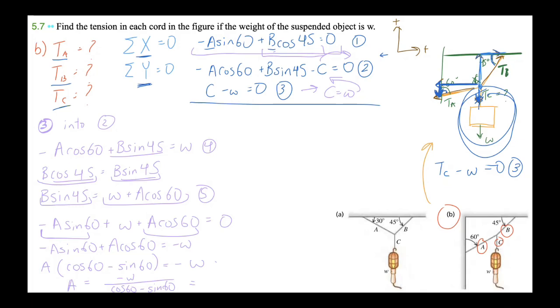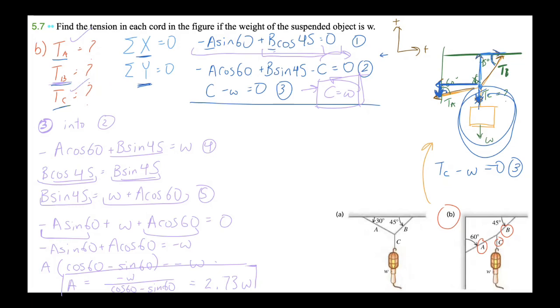That gives us 2.73W, right? So we just solved for A. All right. Now what we have to do is solve for B. We've already solved for C, so we have A, we have C, we just gotta solve for B now.